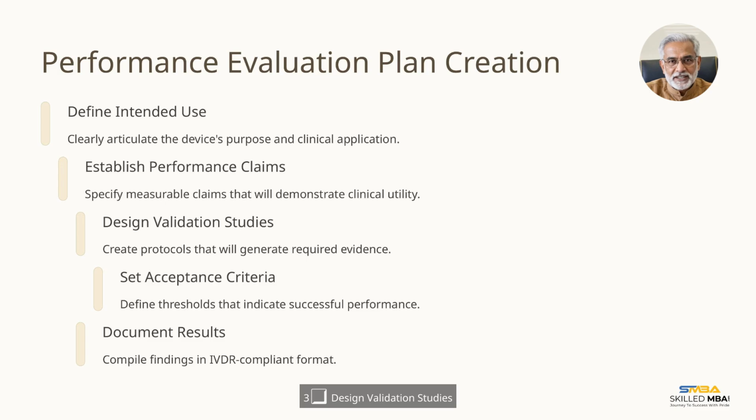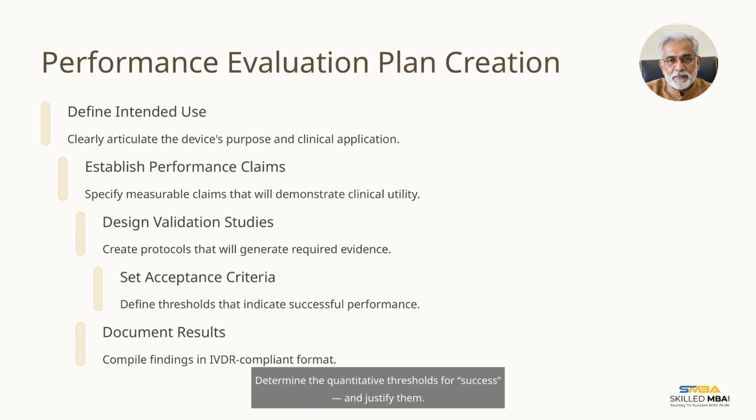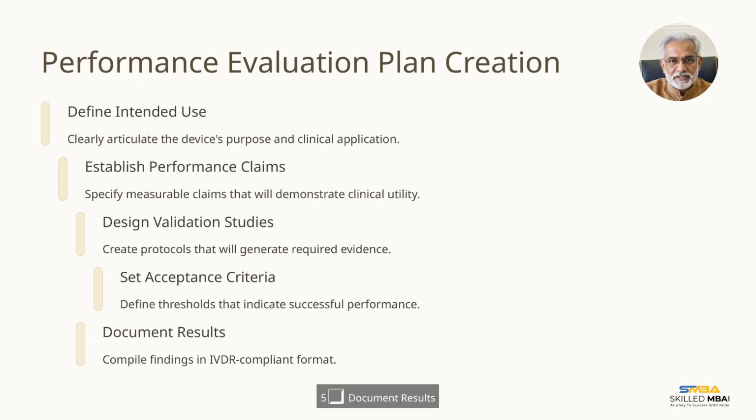Design validation studies. Create clinical and analytical study protocols that can prove your claims. 4. Set acceptance criteria. Determine the quantitative thresholds for success and justify them. 5. Document results. Store everything in an IVDR-compliant, well-organized format.